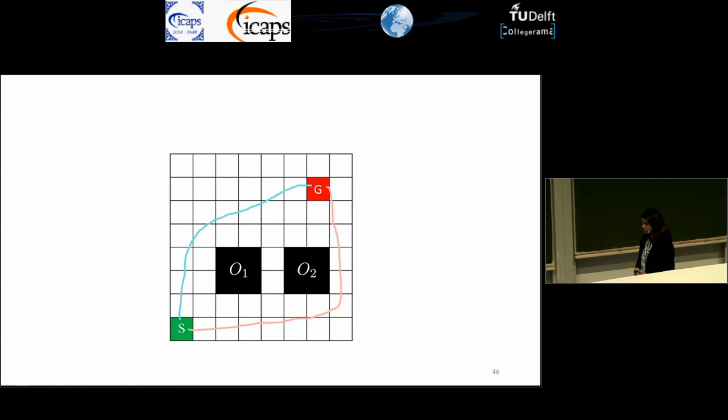But I was thinking that exactly the homotopy class would be the sequence of those sub-problems, those discretizations of the environment. That could be a direct application of this homotopy class in trajectory optimization. That was a comment, basically.